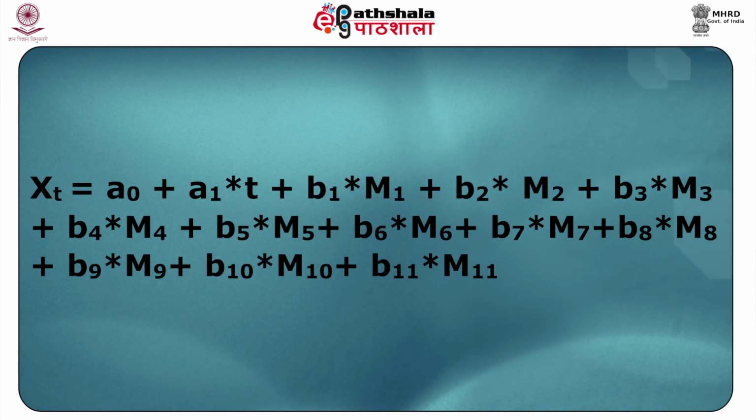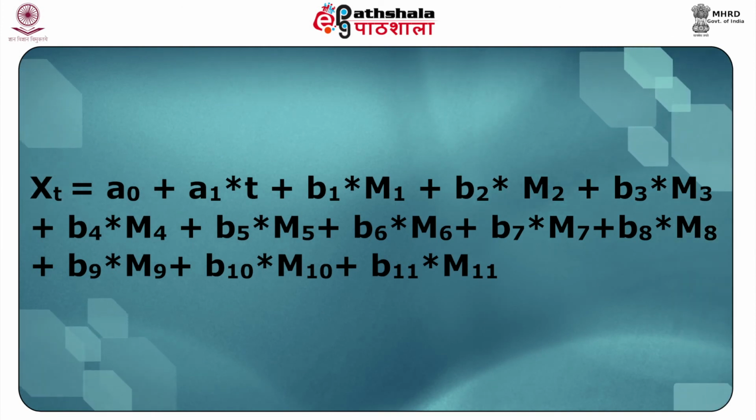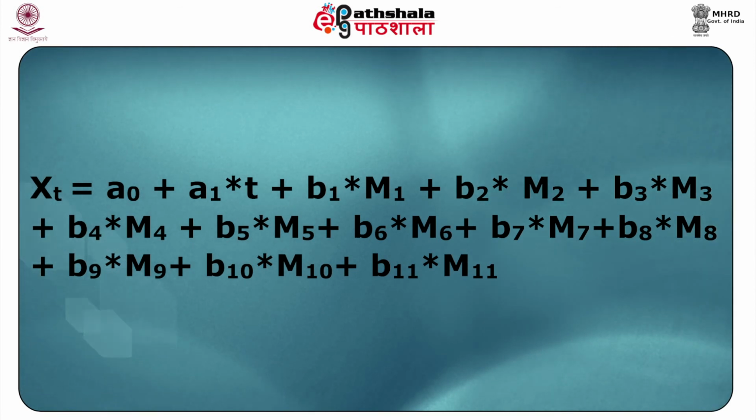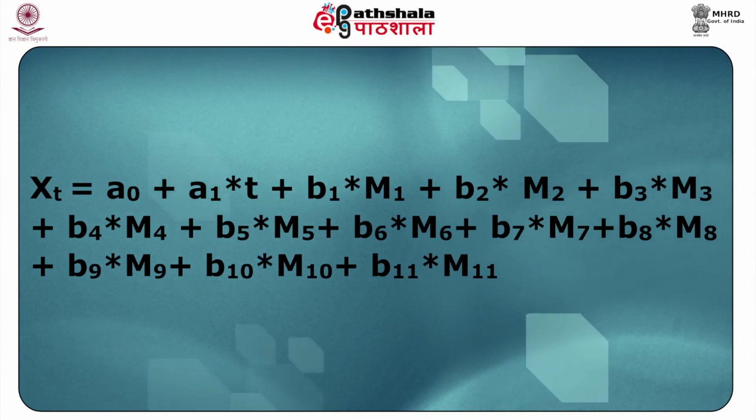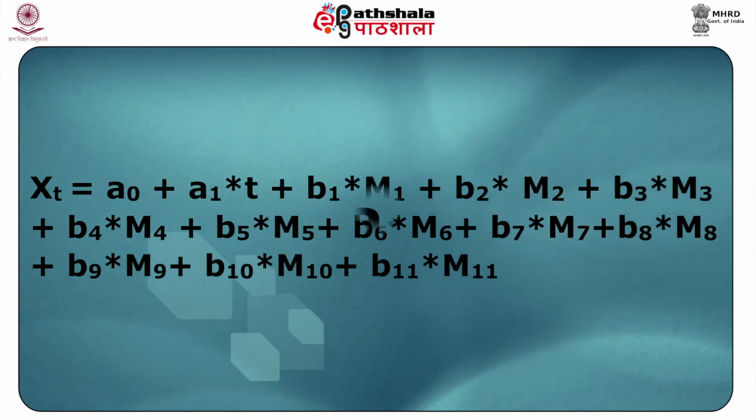The value of dummy m1 takes a value of 1 if the sales are from the month of January and takes a value of 0 if any other month. Hence, x_t represents the sales figures in the t-th period.